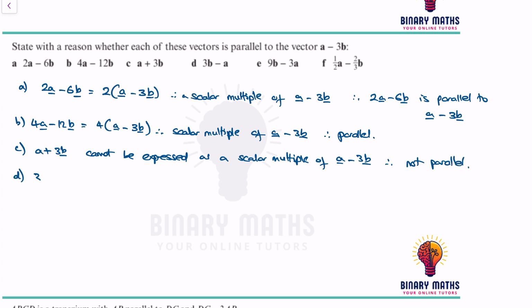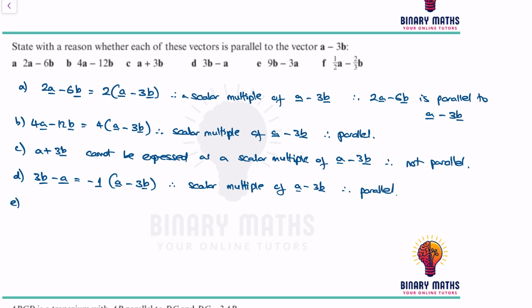D is 3B minus A, which is equal to minus 1 times A minus 3B, therefore scalar multiple of A minus 3B, therefore parallel.